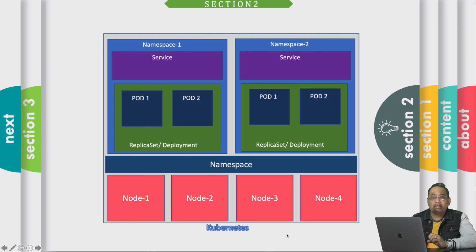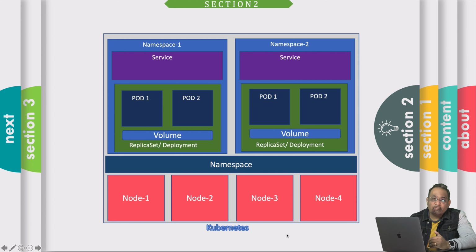While a replica set has the capability to manage the pod and scale the instances of a certain pod, it doesn't have the ability to perform a rolling update and some other features. Instead, this functionality is managed by Kubernetes deployment objects. Next is the volume. A volume is essentially a directory accessible to all containers running in the pod. In contrast to the container's local file system, the data in the volume is preserved across container restarts.